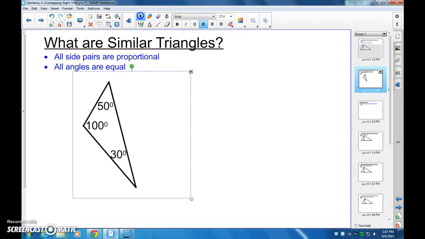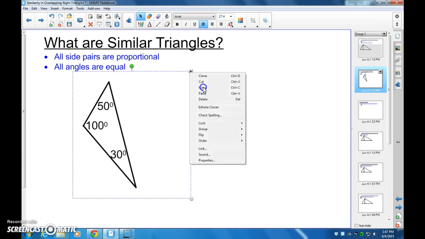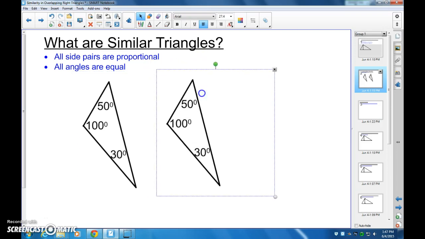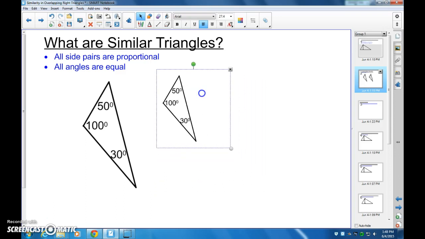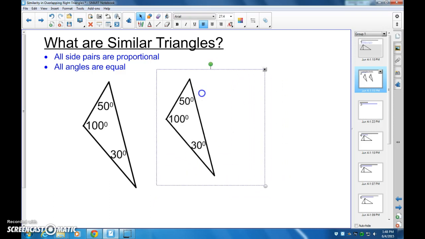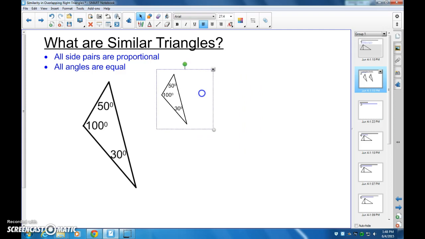If I decide to copy this triangle and paste this triangle, I have the exact same triangle. Okay? Yes, they're similar, but more precisely, they're the same.